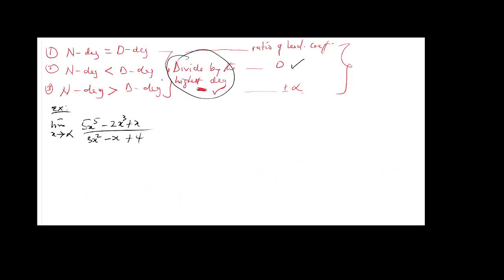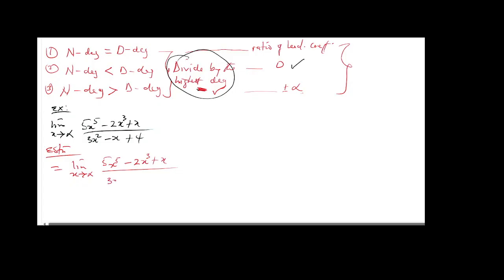Now this will imply the limit as x approaches infinity of 5x to the power of 5 minus 2x to the power of 3 plus x all over 3x squared minus x plus 4.